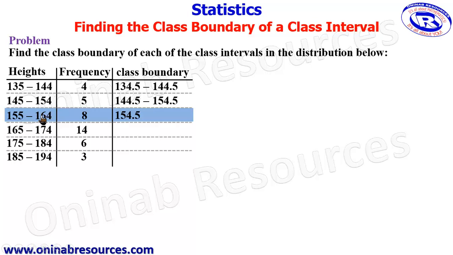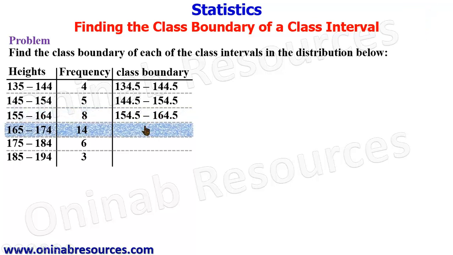We only concentrate on the upper class boundary, which is obtained by adding 164 to 165 and dividing the sum by 2, we have 164.5. We said this 164.5 automatically forms the lower class boundary of the next interval.